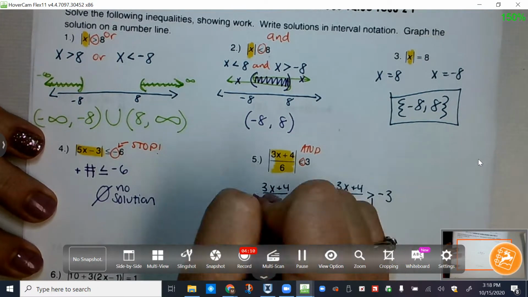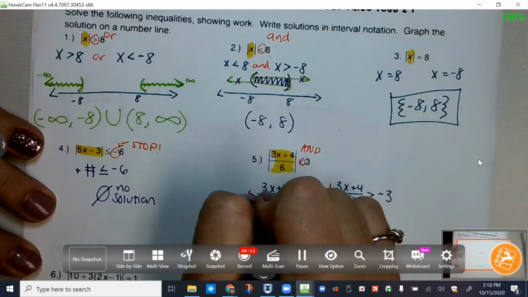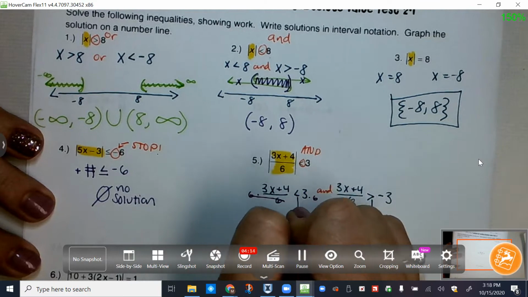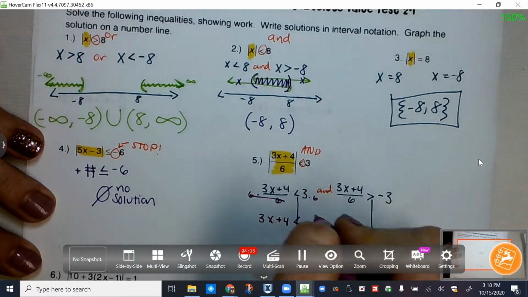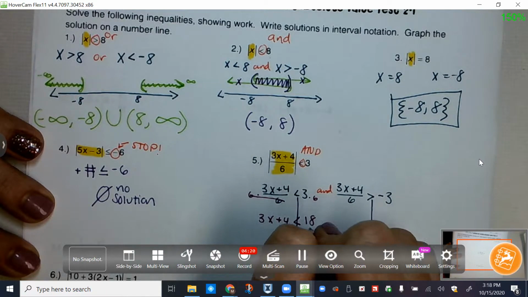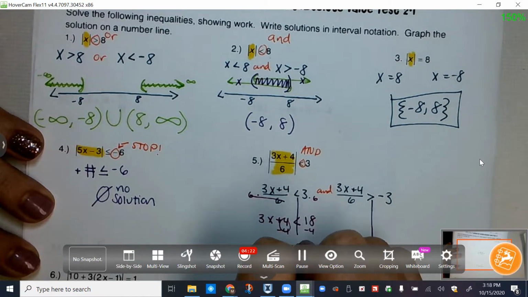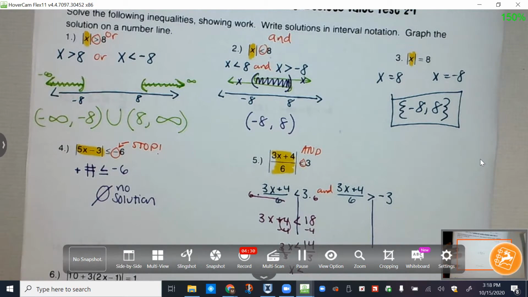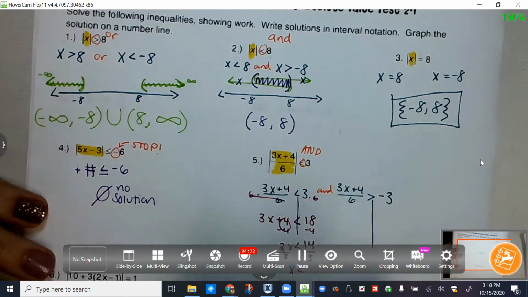So I'm going to multiply both sides by 6, and I get 3x plus 4 is less than 18. Minus 4, minus 4. Get 3x is less than 14. Divide by 3, divide by 3. X is less than, that doesn't simplify, so it's just 14 over 3.